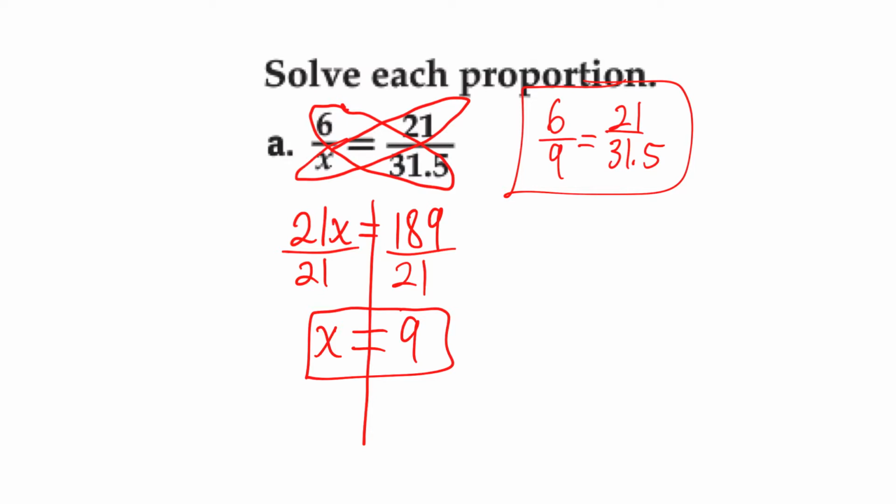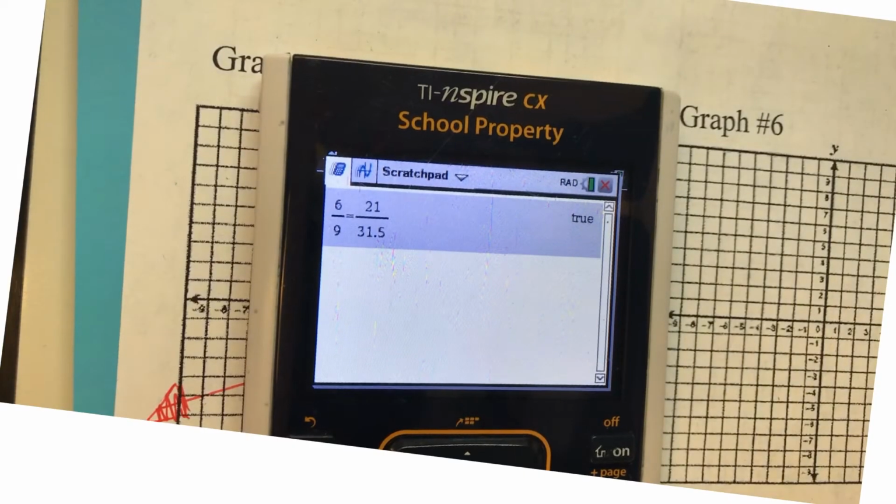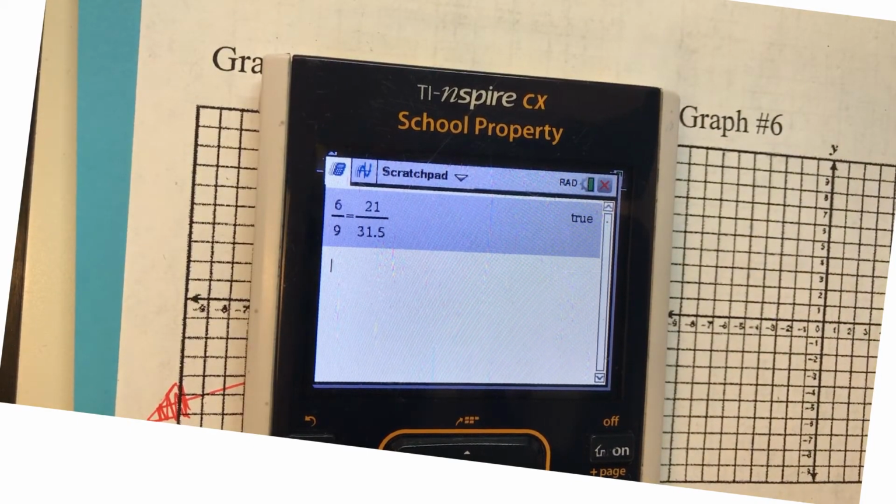Type that in your calculator. 6 over 9 equals 21 over 31.5.